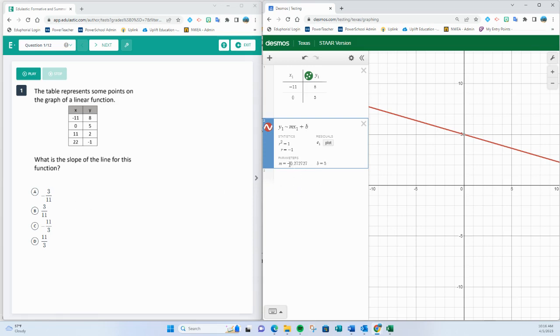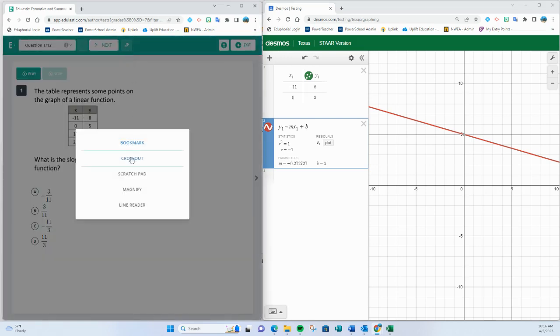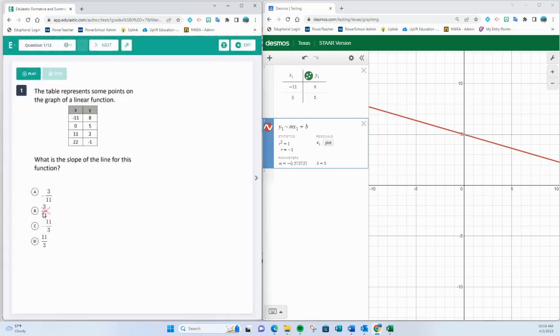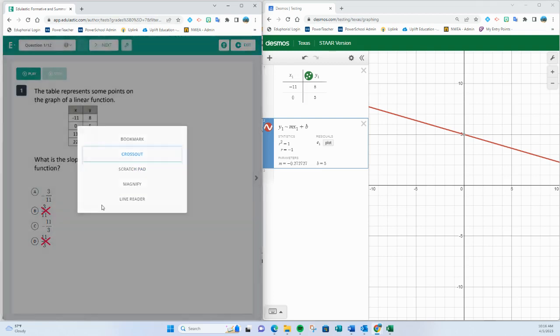If I look right here, I have a negative 0.27 repeated, but my answer choices are in fractions. I know, though, that I can go ahead and cross out my two positive answer choices. I do not need those. They are not correct. I guess I have to click it twice.